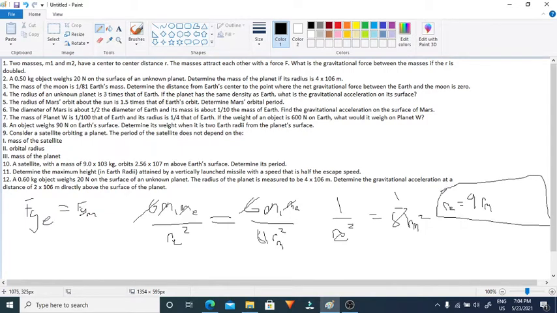So the distance from the Earth is going to be 9 times the distance from the Moon. That's our final answer.